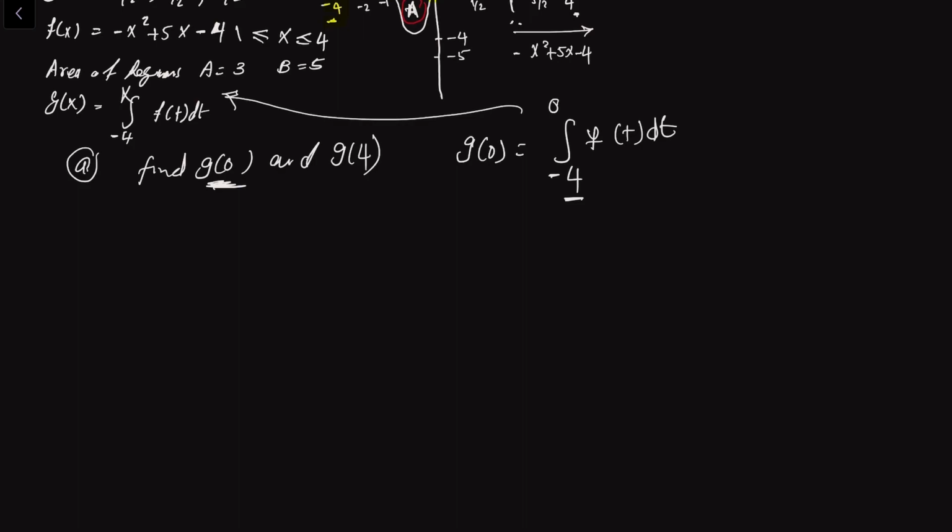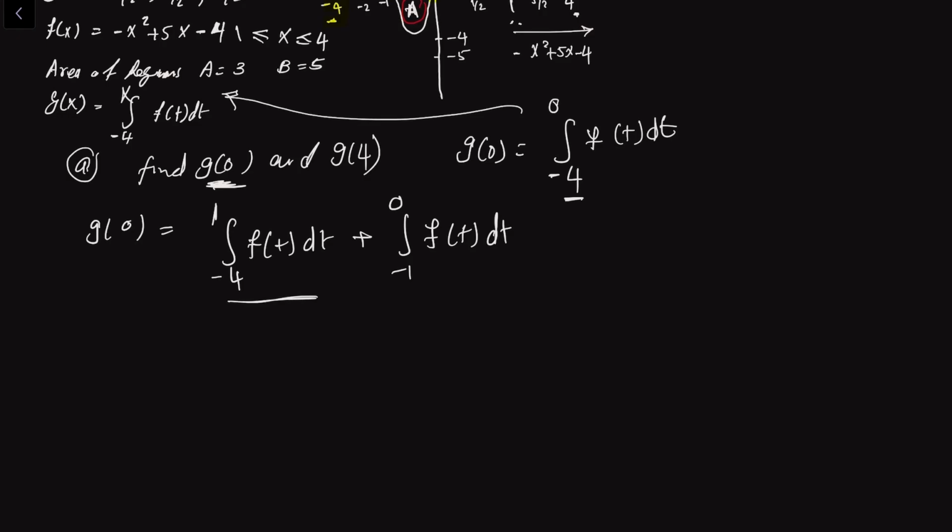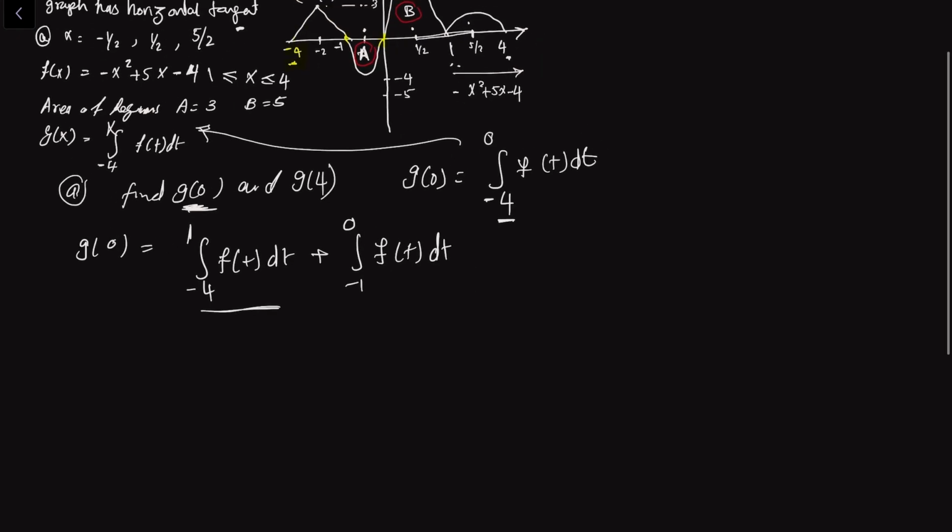We say g of 0 is equal to the integral from -4 to -1 of f of t dt plus the integral from -1 to 0 of f of t dt.